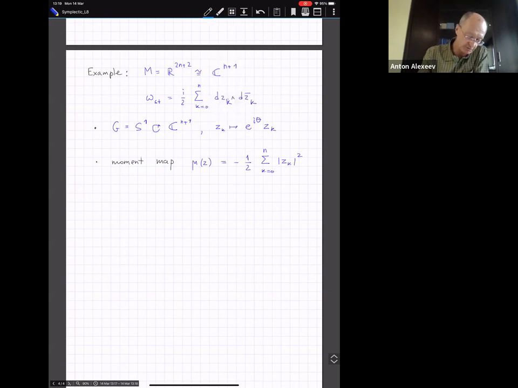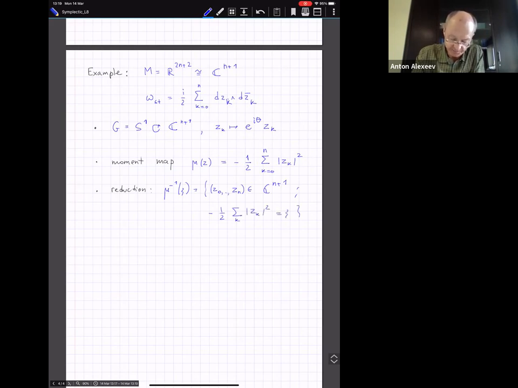Now, well, we can do reduction. For that, we need mu^-1 of psi, which will be those n plus 1 tuples in C^(n+1) such that -1/2 sum of z_k squared is equal to psi.